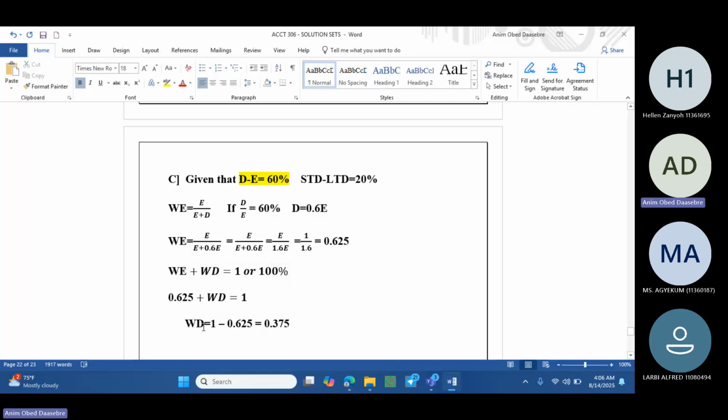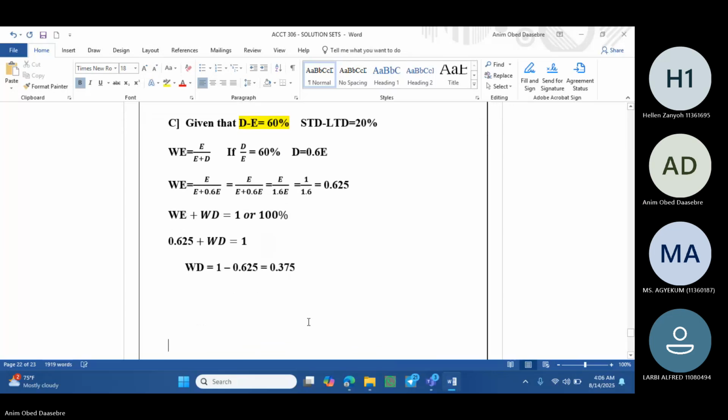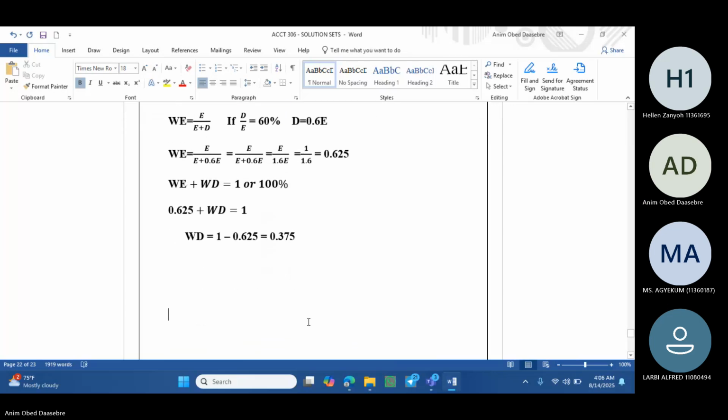So now this is the weight of debt. Right.